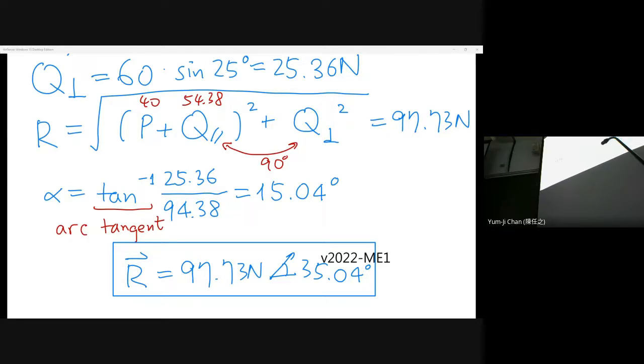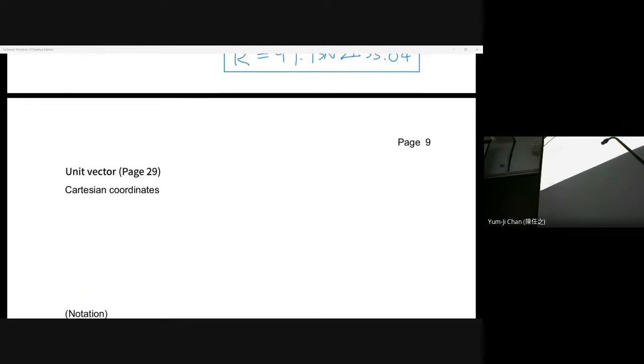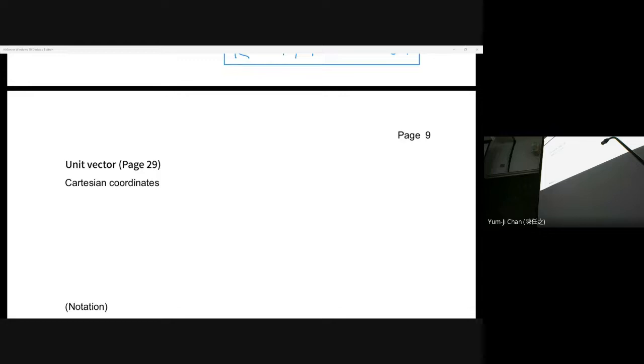Then we go to the next page. And now we know we can break a force down into two components.